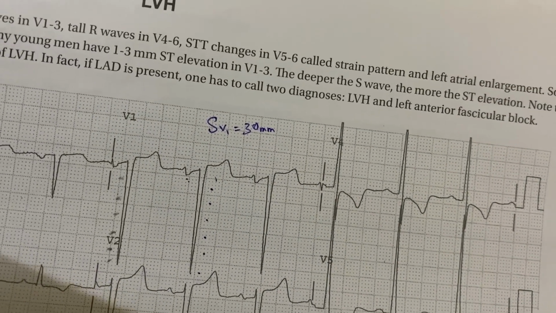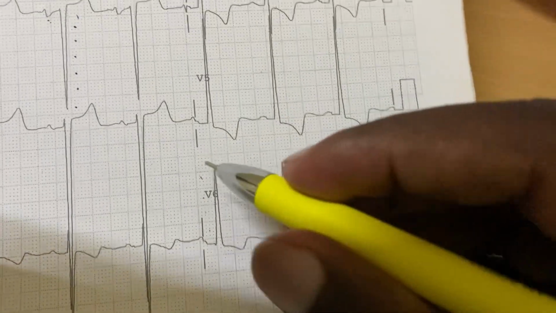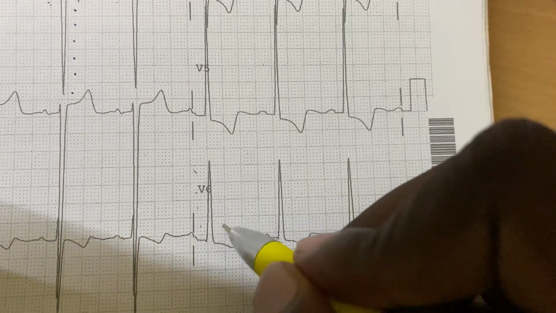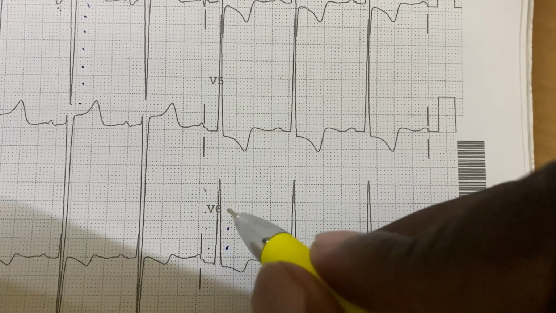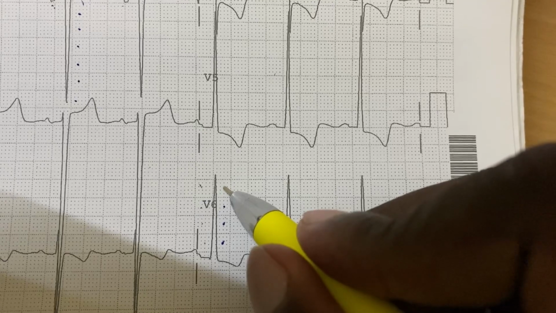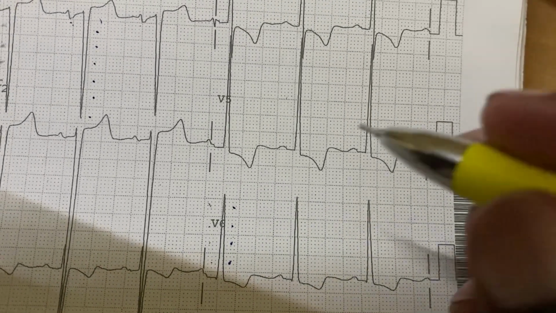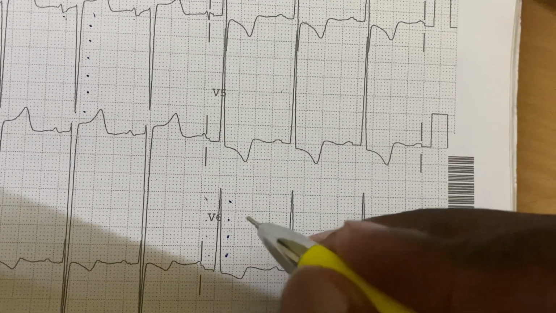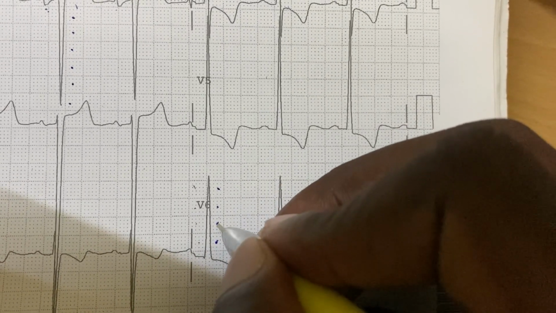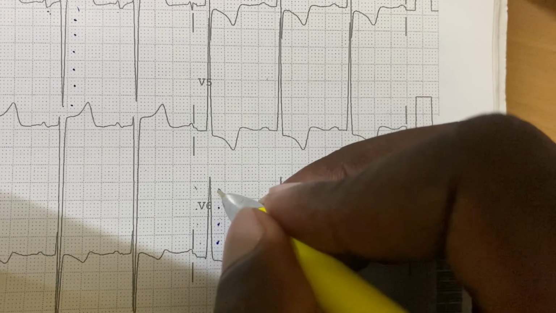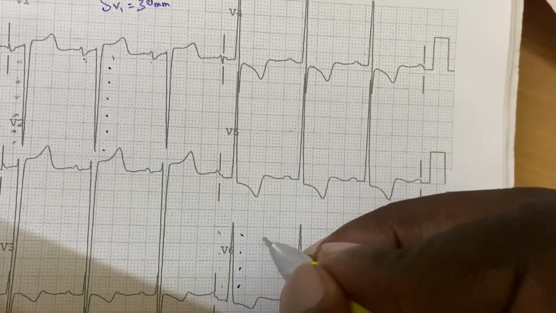So the S wave in V1 in this case is 30 millimeters. If we go to V6, it is 1 big box, 2 big boxes, 3 big boxes, 4 big boxes, plus 4 small boxes. So 4 times 5 is 20 plus 4, that is 24.